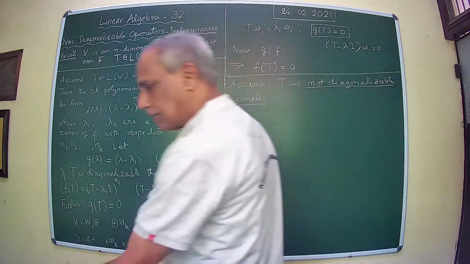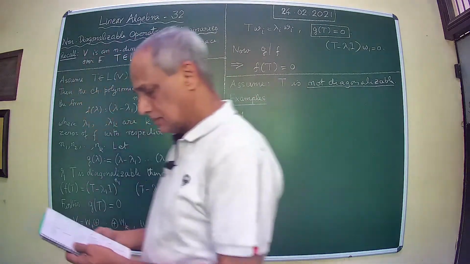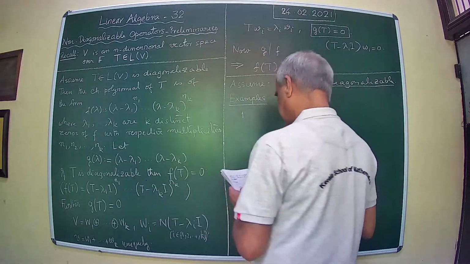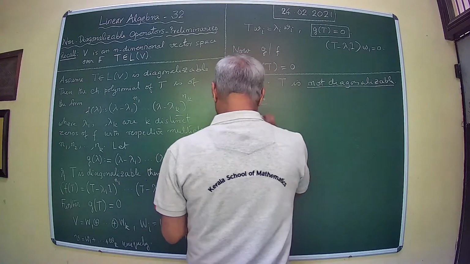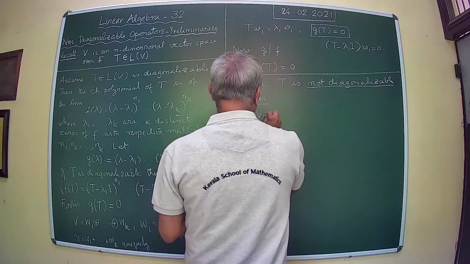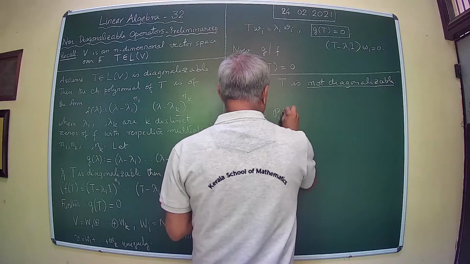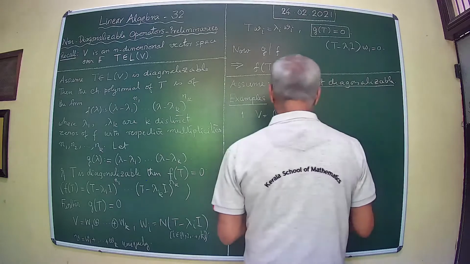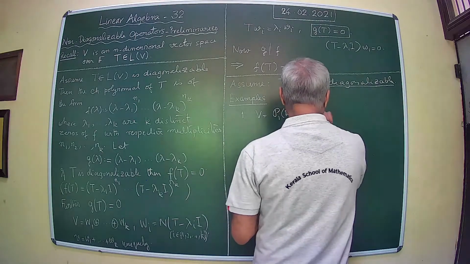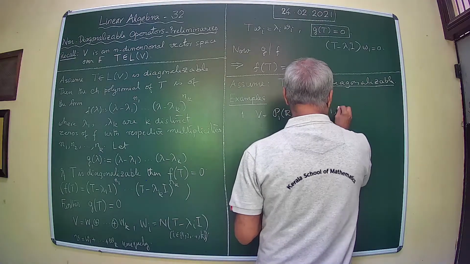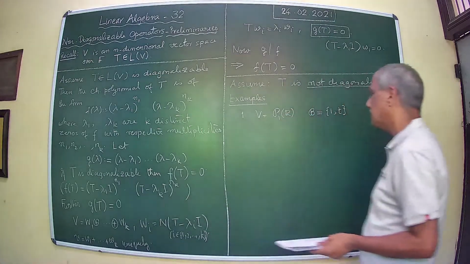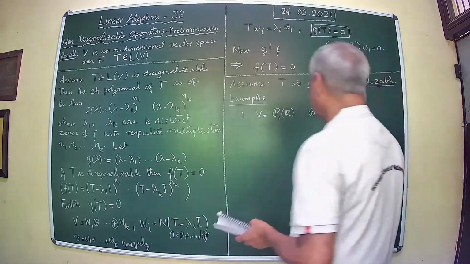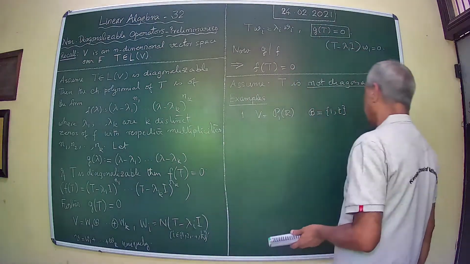The first example is the one where we had V equal to P1(R), the polynomials of degree less than or equal to 1, including 0. So this is the vector space that we have. And we have B, the ordered basis chosen as {1, t}. Okay?